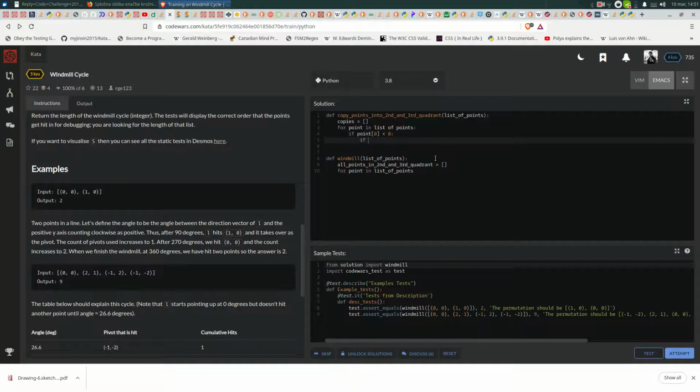And if point 1 is less than 0, in that case we say new copy first equal to none.